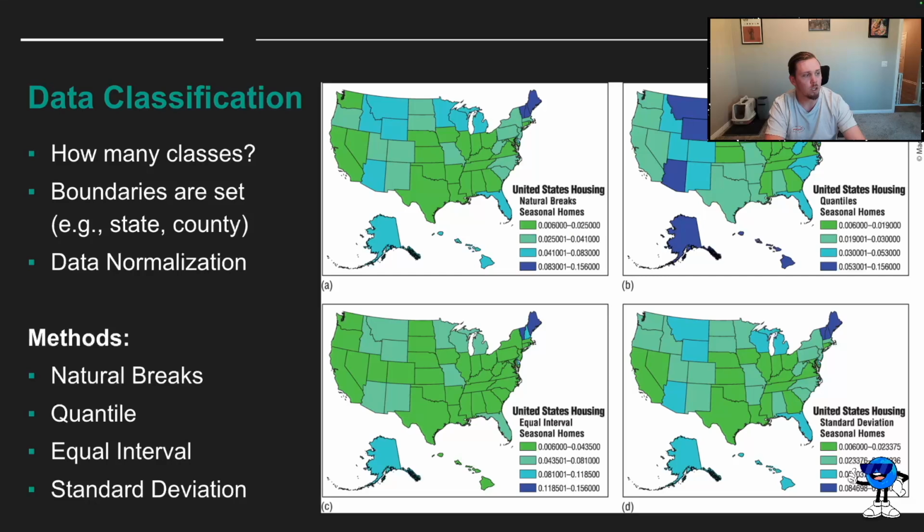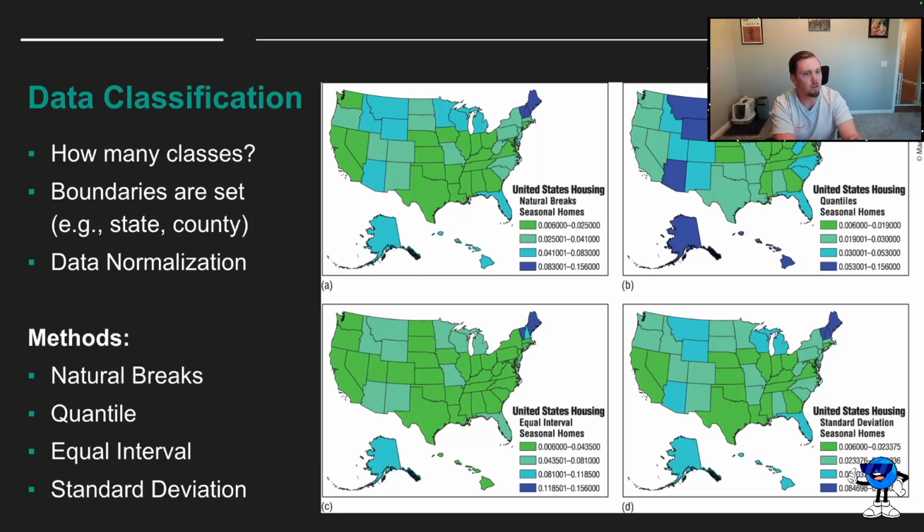States with the lowest percentages of seasonal home values, such as Nebraska, Oklahoma, and Texas, end up in one class, and states with highest percentages of seasonal homes, such as Maine, Vermont, and New Hampshire, end up in another class.